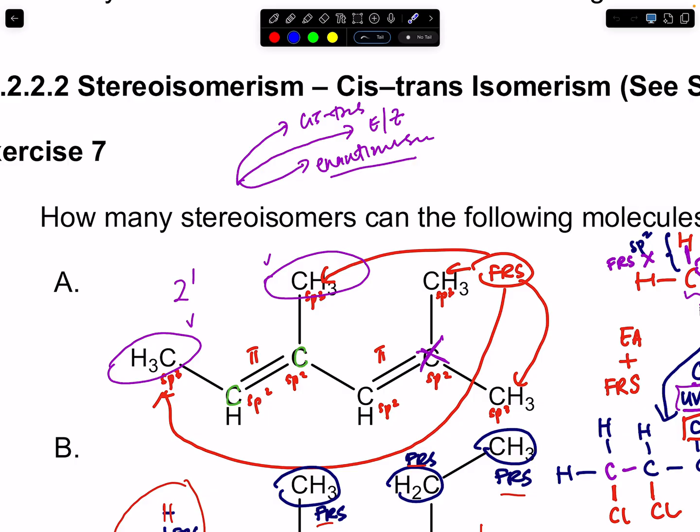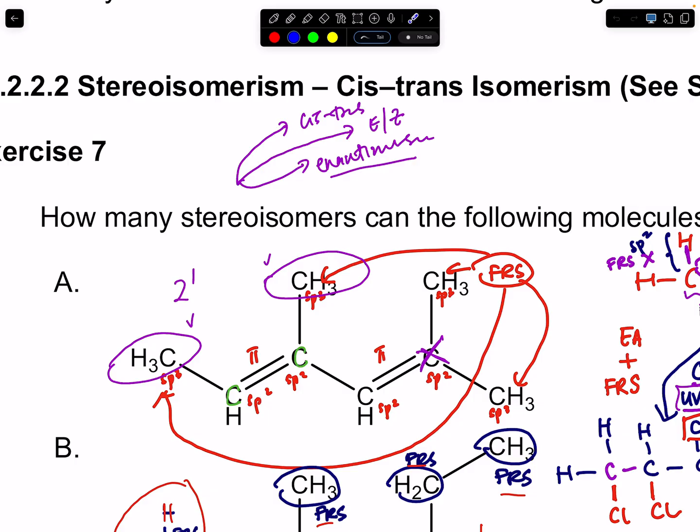Because even in an alkene, you can undergo FRS. Can you all see now? The CH3 groups can undergo free radical substitution. Because for you to undergo free radical substitution, you only need an sp3 carbon-hydrogen bond. You don't need anything else.